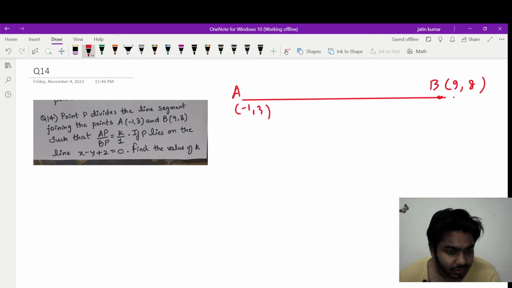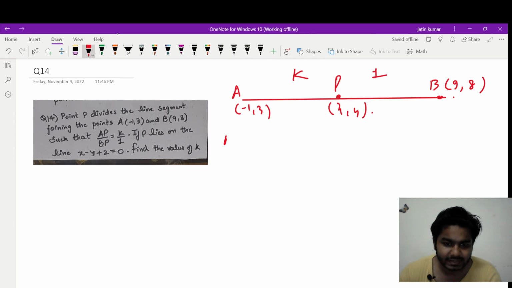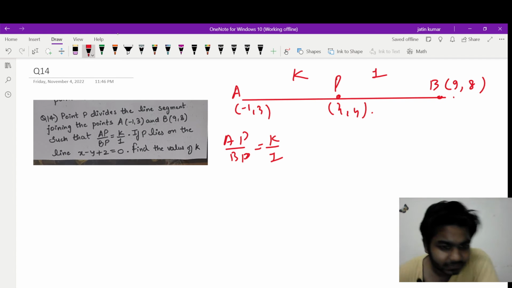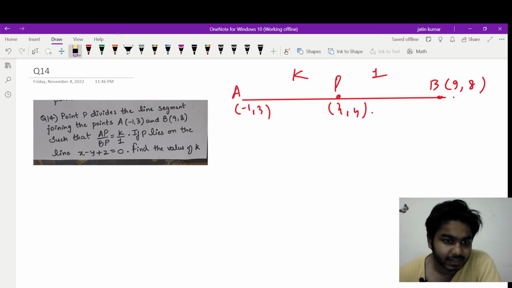And we have a point somewhere in the middle with coordinate x comma y. We are given ap upon bp is k upon 1, it means ap ratio bp is k ratio 1. Now we need to find if p lies on a line, some line.